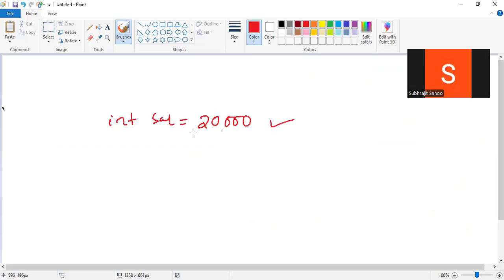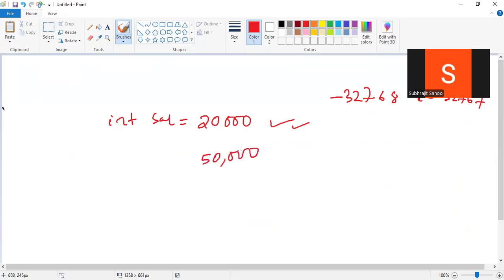Yes, I can store it, because the range of integer is minus 32,768 to 32,767. Can I store it in unsigned integer also? Yes, happily we can store. Suppose one employee is getting salary 50,000.